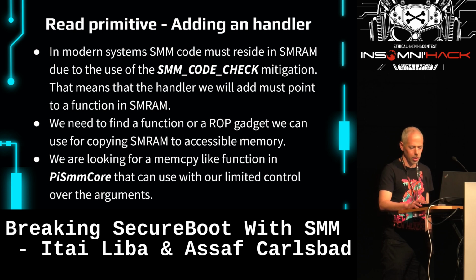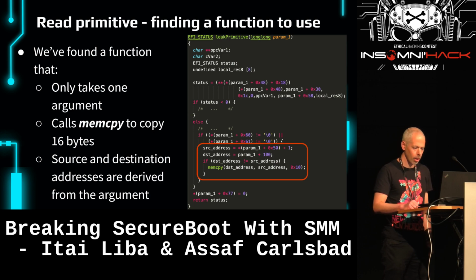We are looking for a memcopy-like function in PiSmmCore that we can use with the limited control we have over the arguments. We've found a function that only takes one argument and calls memcopy to copy 16 bytes. The source and destination addresses are derived from the argument. If we can control that argument, we control memcopy.